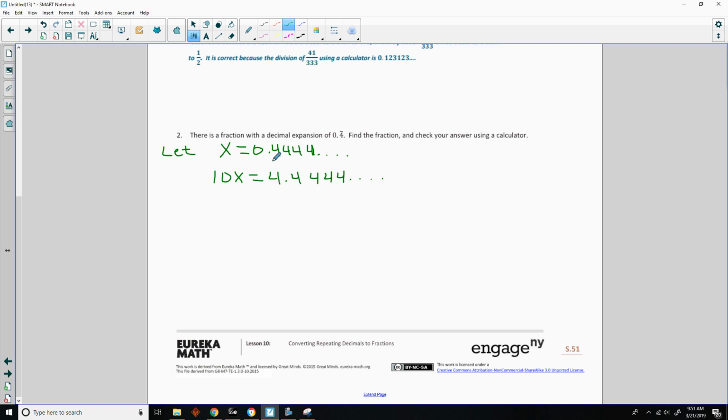Alright, so this is 4 plus my x. Hopefully you all see that x is 0.4 repeating, so this is an x. So it's 4 plus x. So next step, 10x equals 4 plus x.